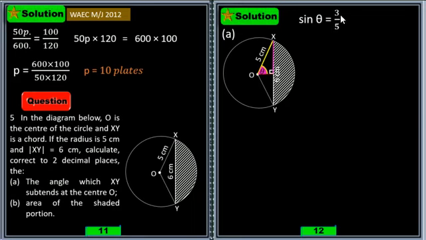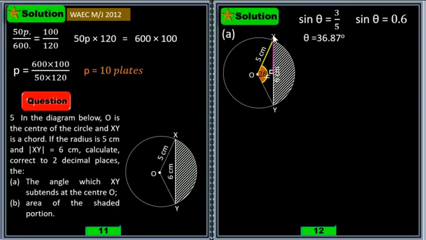Sin theta will give us half of the chord, which is 3, divided by the radius of the circle, which is 5. Dividing out to have 0.6. Using calculator, theta will give us 36.87 degrees. But we know that if this is theta, this other side of the triangle is also theta.